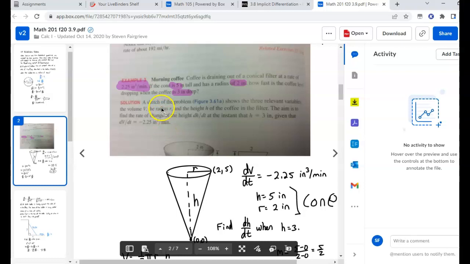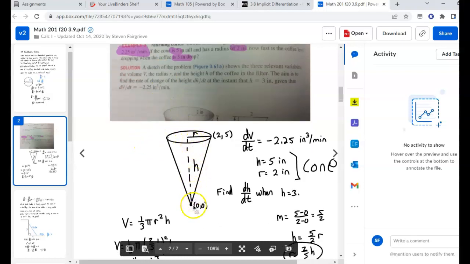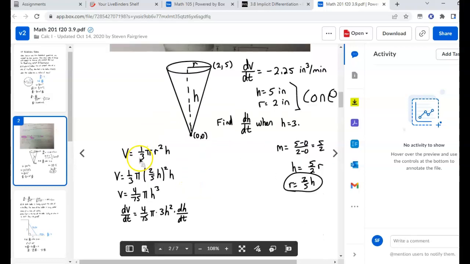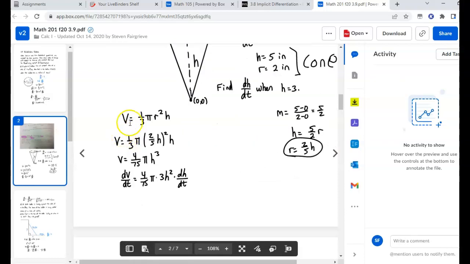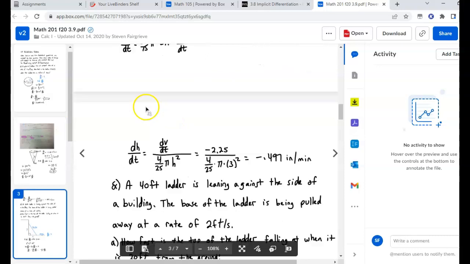Here we did a problem where we're draining water out of a cone, or filling a cone up. So actually, I think we were draining it. Water was coming out of the coffee filter. So here's the volume, and again, that formula, if you needed it, would be given to you.